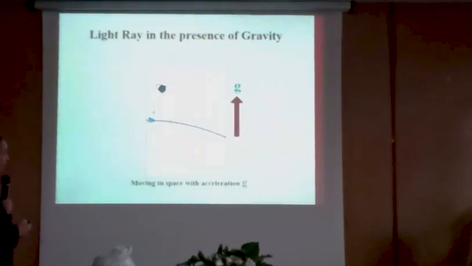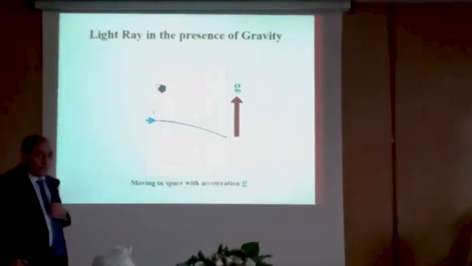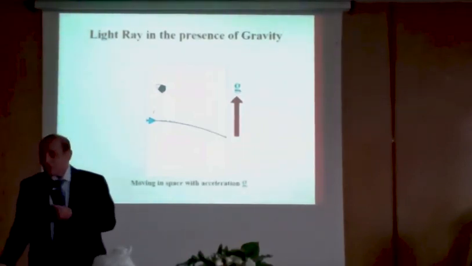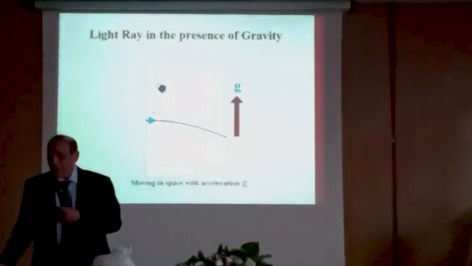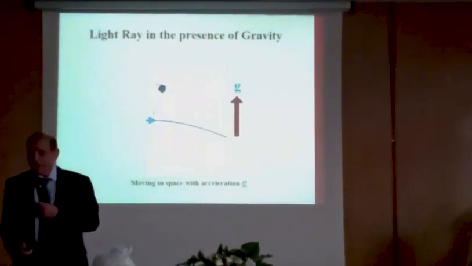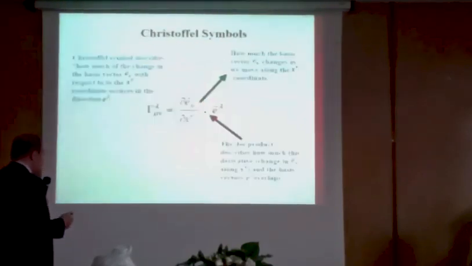So in fact, the light will not hit this point, it will hit some point there. Of course, this difference depends on g. This is a very simple experiment that shows light is bending, but the bend of light here is caused by this acceleration of the lift or velocity or whatever.